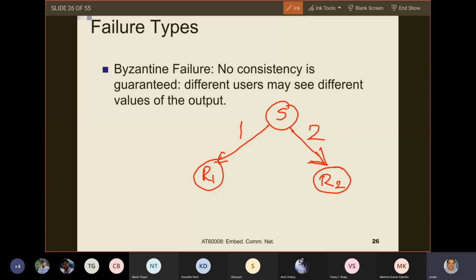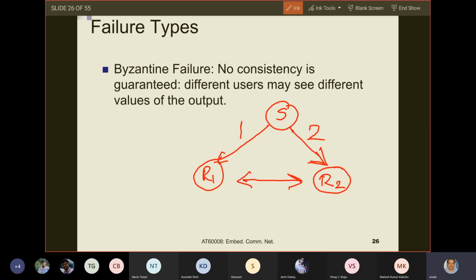Now, these types of failures are called Byzantine failures. No consistency is guaranteed. Different users may see different values of the output. So R1 is seeing a different value than R2. How could you possibly find out a possible error here? Maybe R1 and R2 can exchange messages to understand what was passed to them.